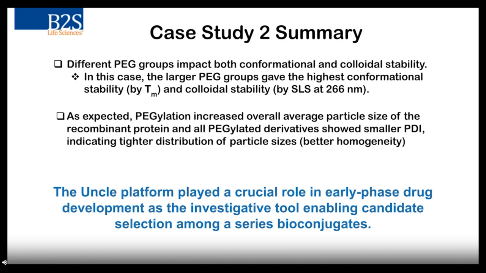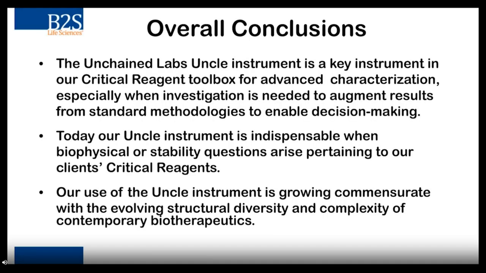And as expected, pegylation will increase the average particle size of any protein, and the pegylated derivatives also showed smaller PDIs, indicating that their particle size distributions were more homogeneous. And in terms of putting it into context, the Uncle platform played a very crucial role in an early phase drug development project.